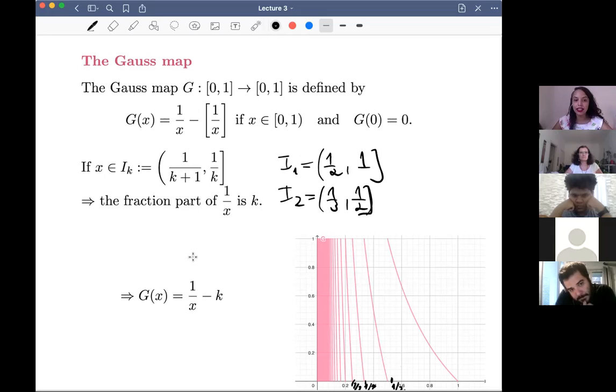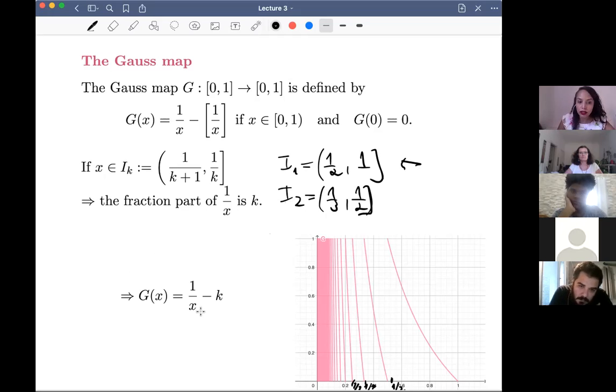Inside of these intervals, the integer part of 1 over x is actually k. So if you are in the first interval, a number between half and 1, the integer part of 1 over x has to be 1. In the next interval, the integer part of 1 over x in this interval has to be 2, and so on.